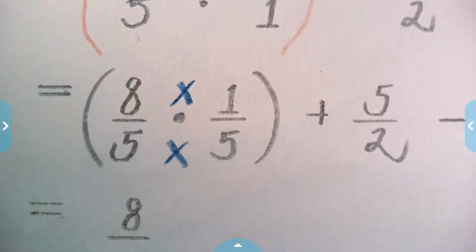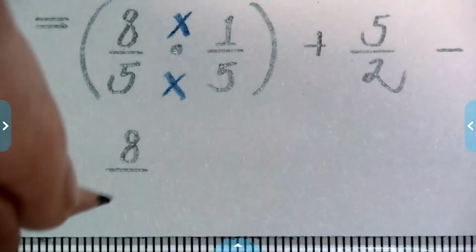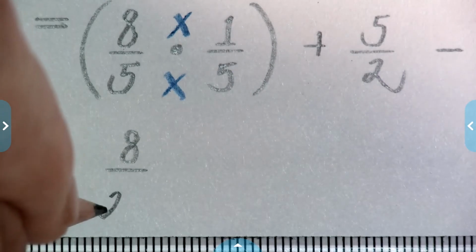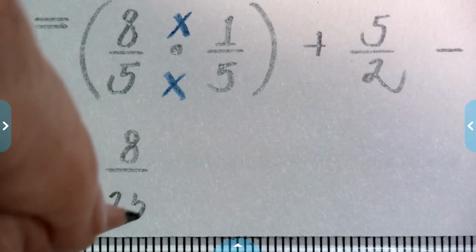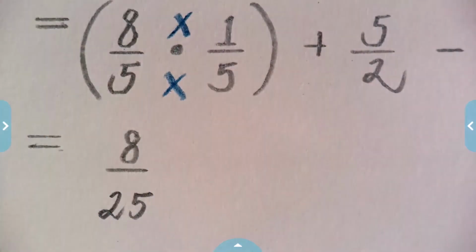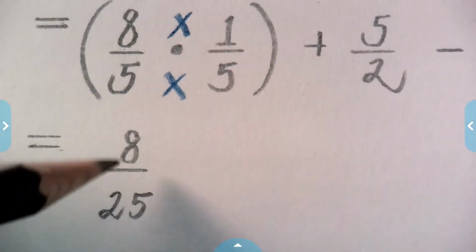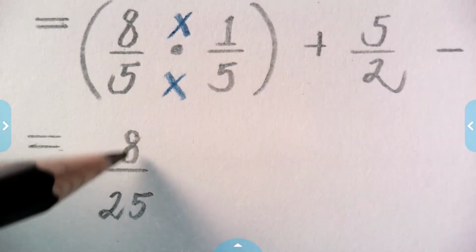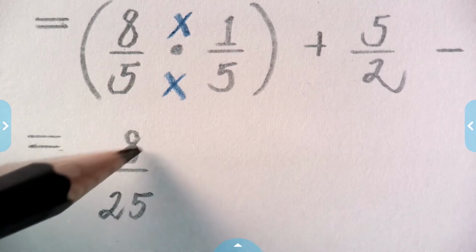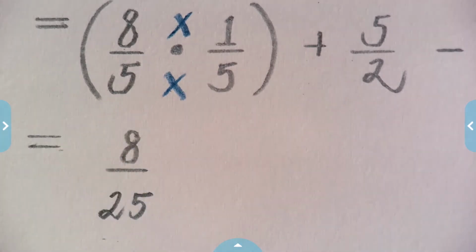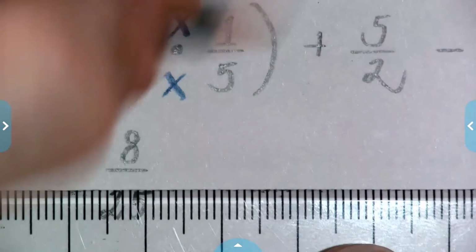And 5 times 5 is 25. Okay, so I have 8/25. This fraction cannot be reduced. 8 equals 2 times 2 times 2. 25 is 5 times 5, so you can't reduce the fraction.